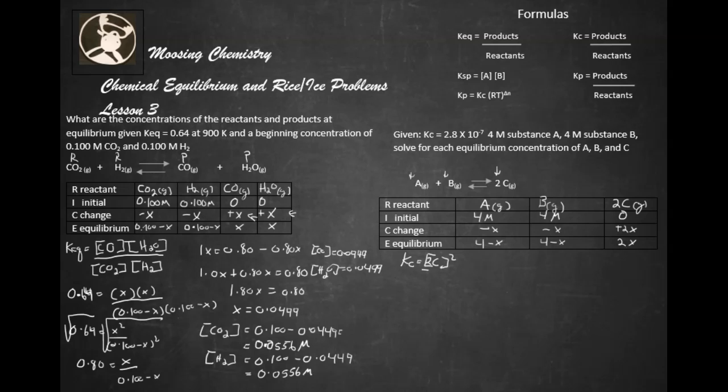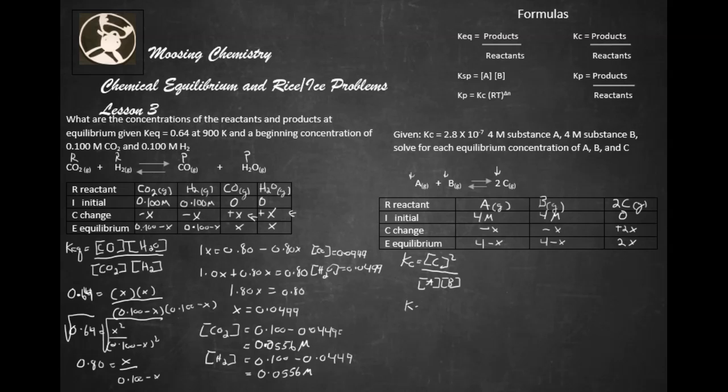Over A and B, it'll ultimately be 2x. Let me take out that 2 just in case it weirds some people out. So it would be C squared.